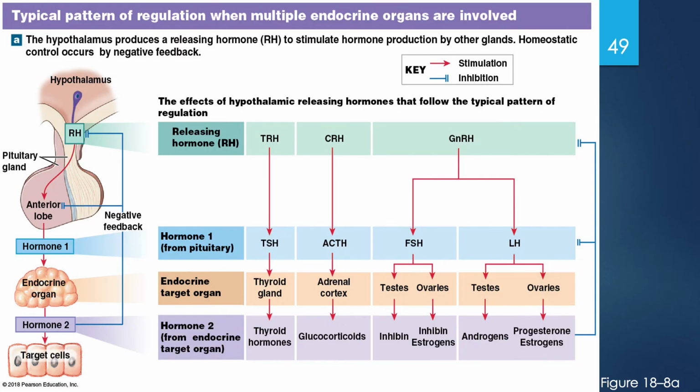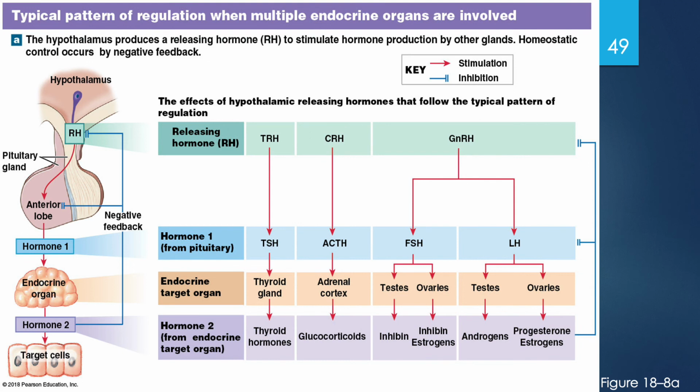Figure 18.8 is going to break down for you how this all works. So let's start at the top. The hypothalamus, which is the brains of the operation, will be telling the pituitary gland what to do, so the pituitary hormones can then in turn affect our endocrine organs. So let's start in the second column that you see here. TRH, or thyrotropin-releasing hormone, is released from the hypothalamus.